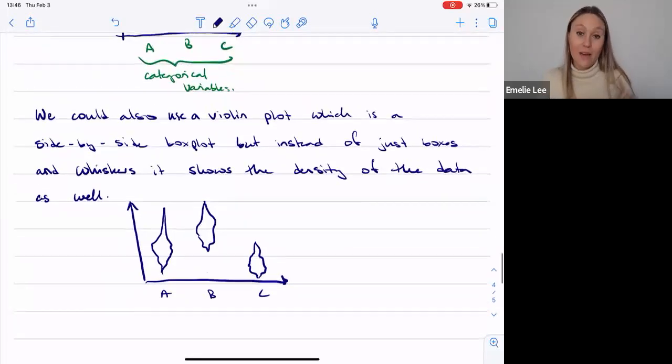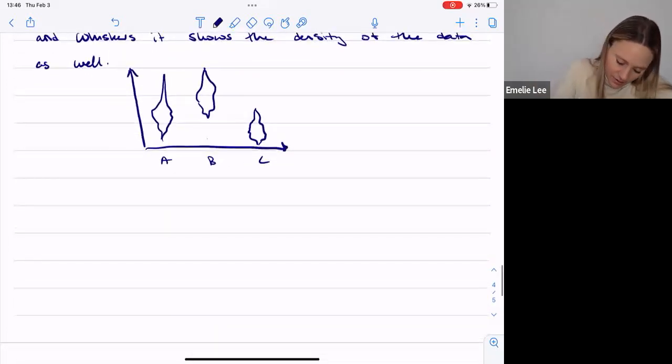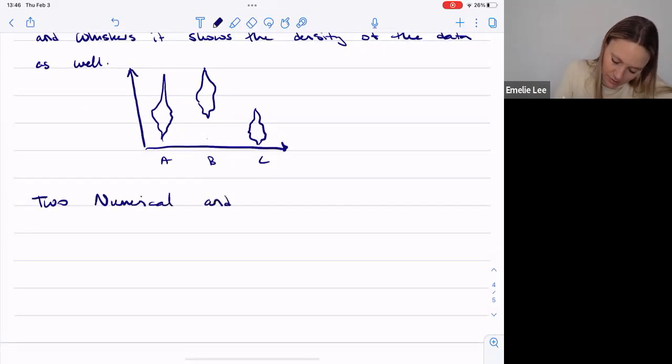So that's if we have one numerical variable and one categorical variable. The other option that we could consider and easily graph is if we have two numerical variables and one categorical variable.